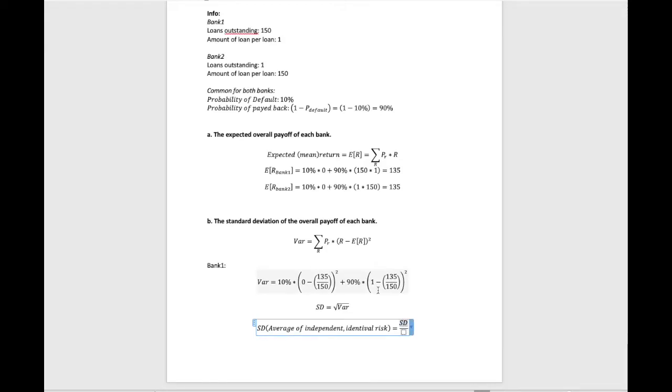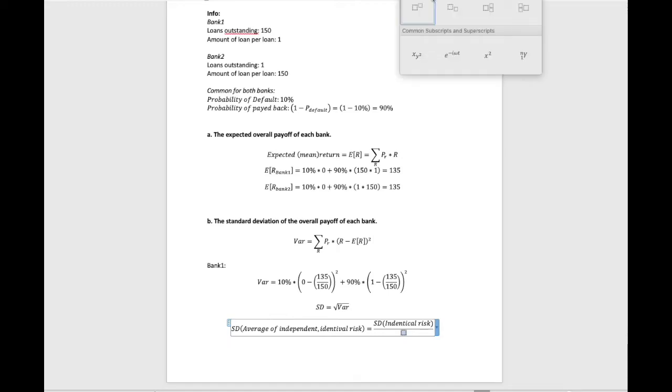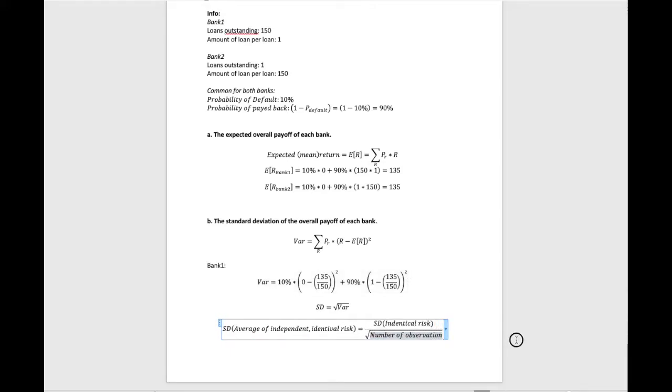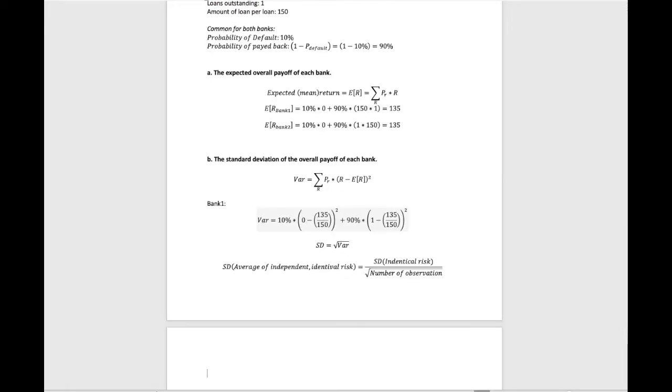Standard deviation for the identical loans divided by the squared observations, or the squared number. This is the other formula that is needed to calculate the standard deviation of the overall payoff for bank 1.